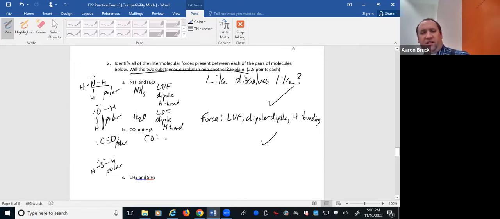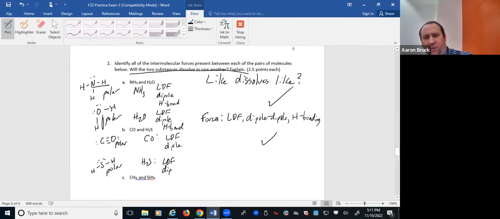So for carbon monoxide, we know we're going to have London forces. We know we're going to have dipoles. Any reason to think we'll have hydrogen bonding here? Right. For the H2S, we're going to have London forces.